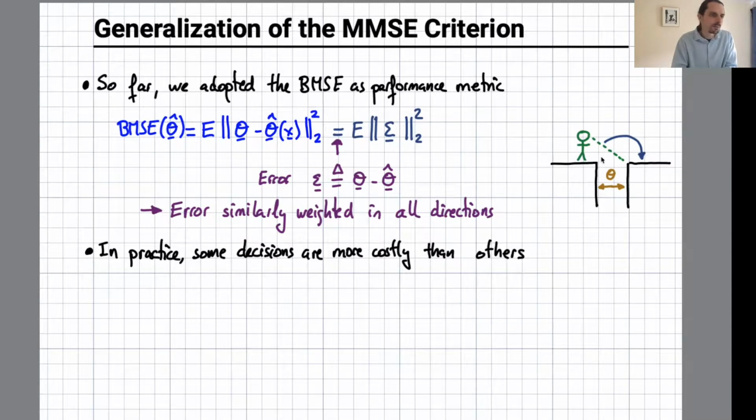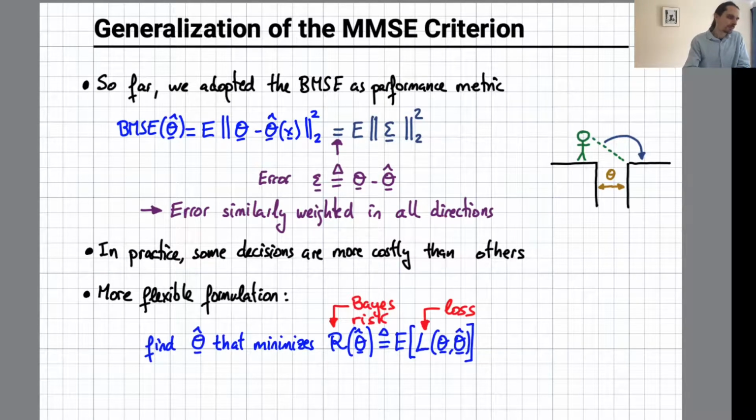So the cost is not symmetric in this case. 50 centimeters in one direction is totally different from 50 centimeters in the other direction, right? Therefore, if you would like to solve this estimation problem, you'd better not use the BMSE as a metric.